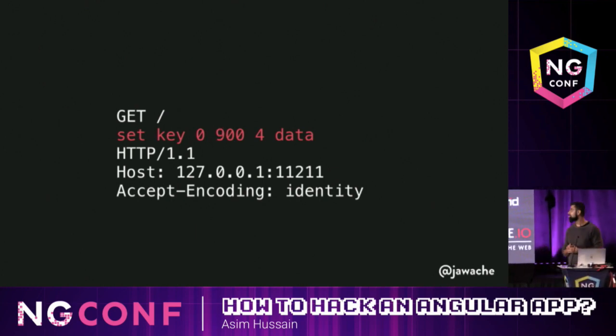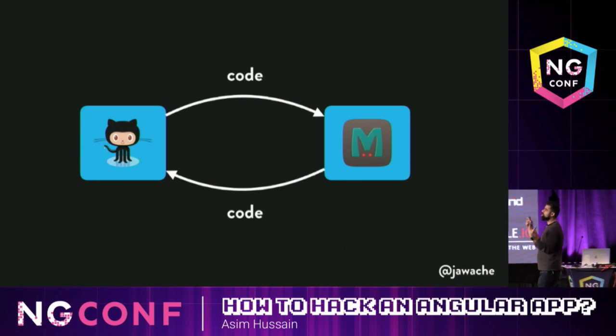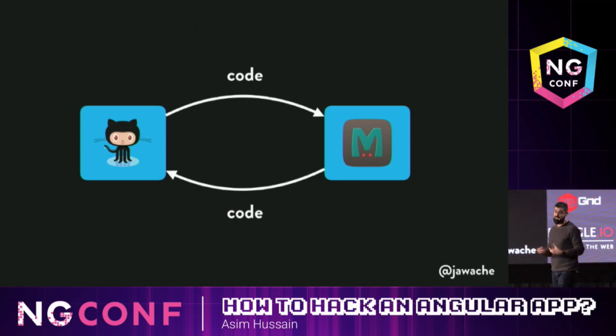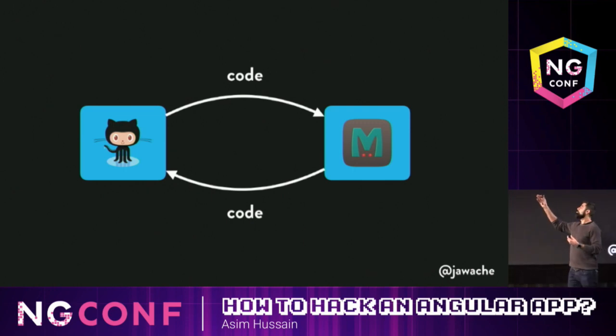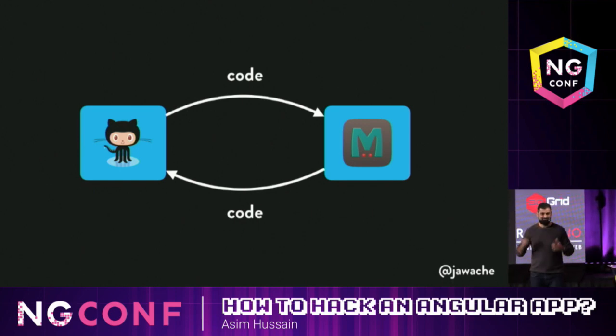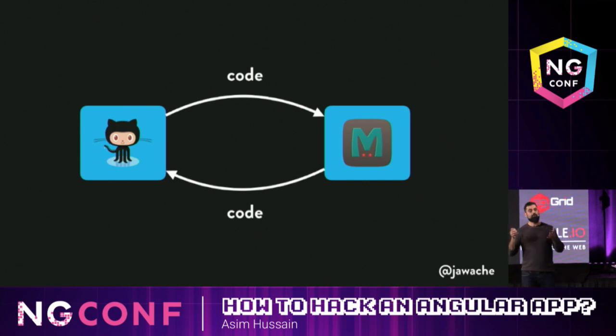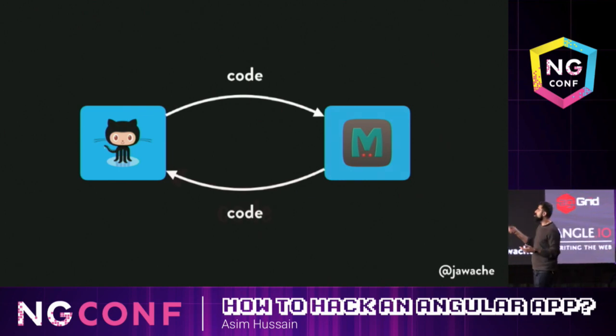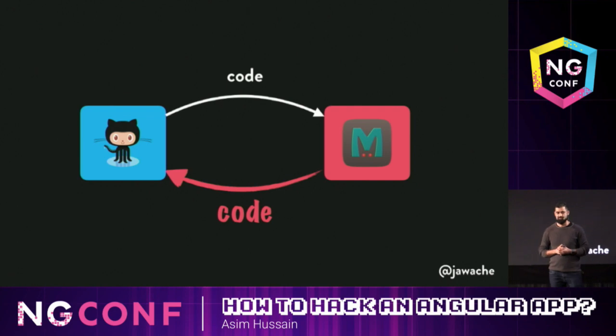What's the big deal? Well, we all use memcache, whether we think we use memcache or whether we don't think we use memcache. We all use memcache at some level or another in our websites, right? And what happens is we serialize some code into a string, we store it in memcache, we deserialize the code, and then we execute it. All good. But what Orange found a way of doing is basically changing what's in memcache.